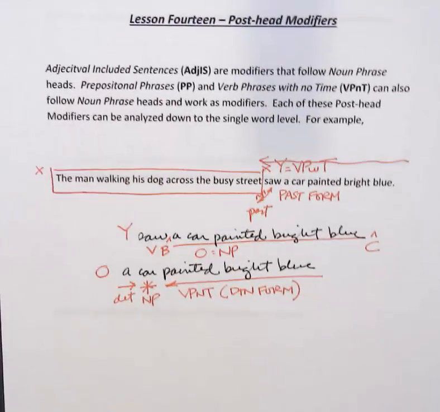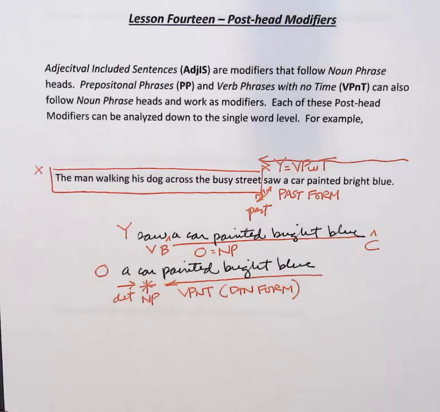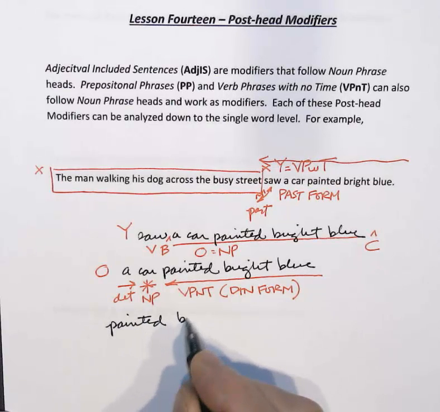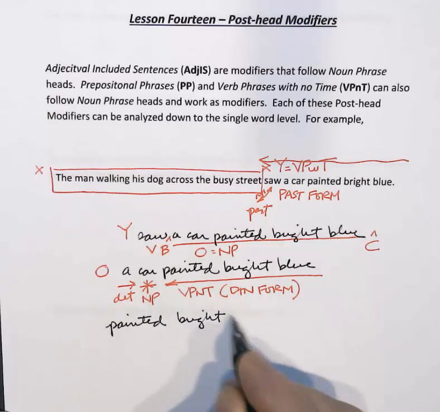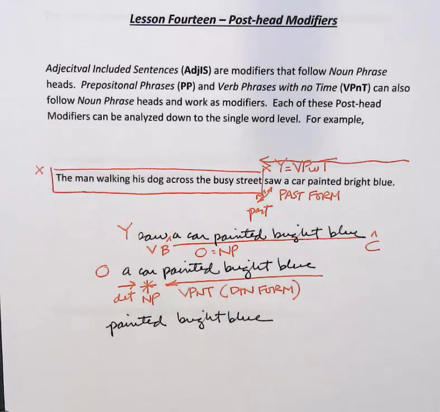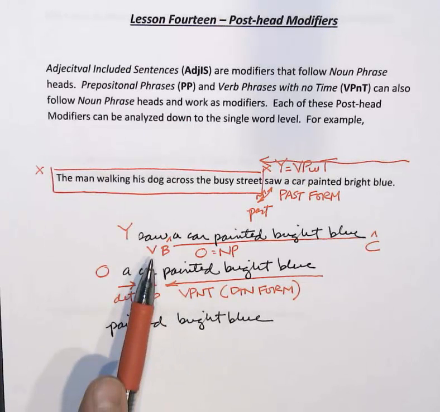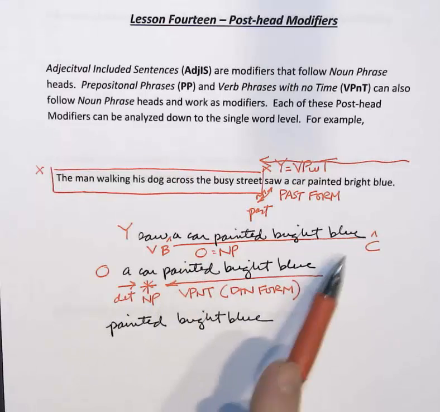Now, let's take our verb phrase, painted bright blue, and we have to always remember, now where did this verb phrase come from? It came from a Y place, because that's where we find verb phrases, and when we go to a Y place, we always look for the verb, particle, object, and complement.